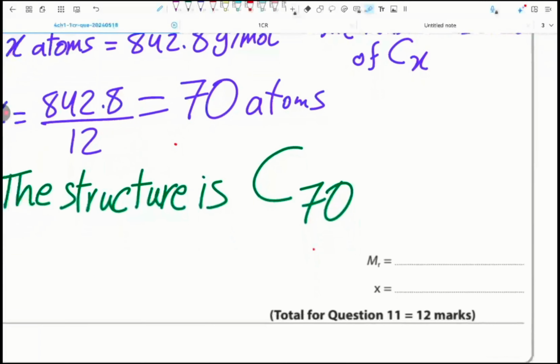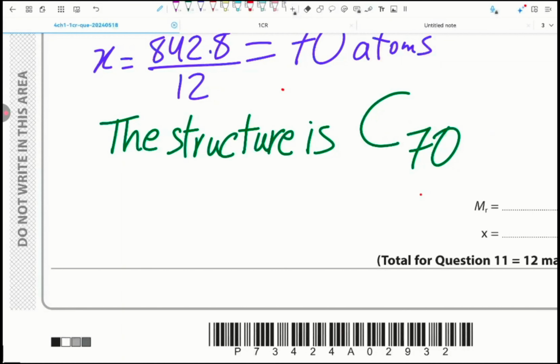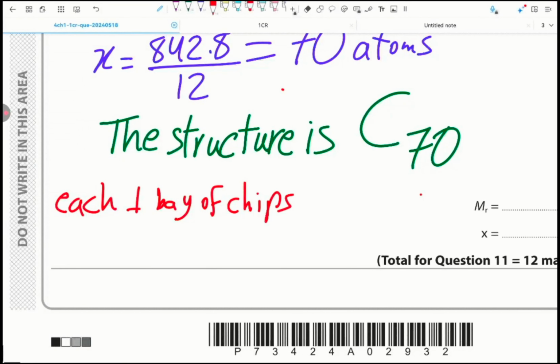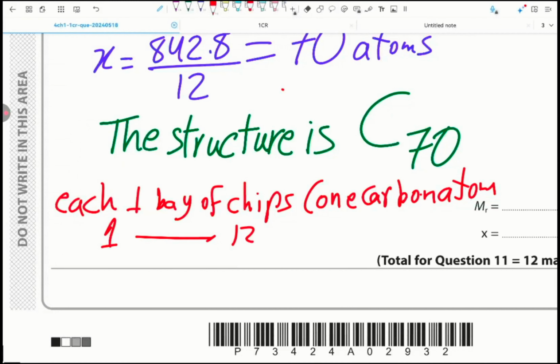The question is like you ask a child, you tell this child that each 1 bag of chips means 1 carbon atom. Here, 1 is equal to 12 grams.